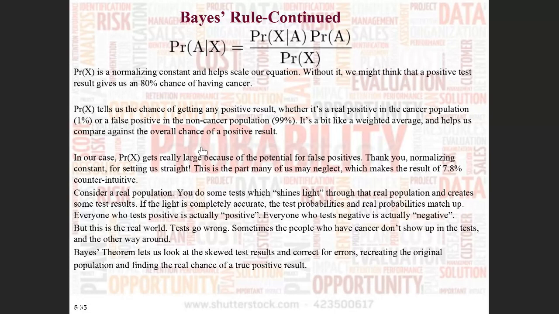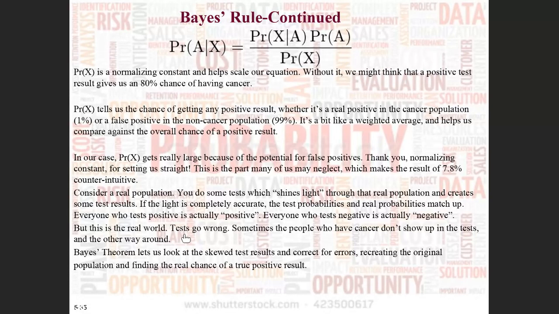So you can think of it that way. So in this case, the probability of X gets really large because of the potential for false positives. Thank you, normalizing constant, for setting us straight. This is the part many people neglect, which makes the result 7.8% counterintuitive. Oh, you don't understand why you have to correct it.